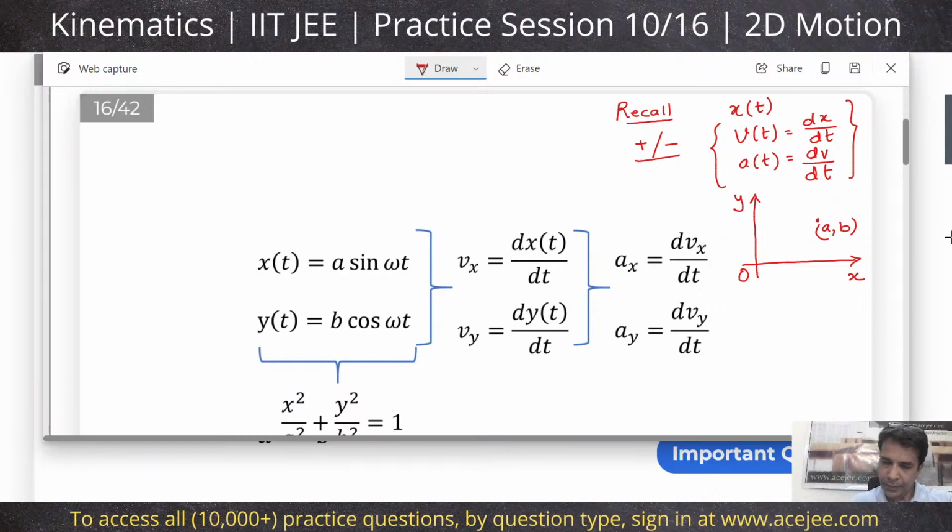And what is the position vector for such a scenario? The position vector of the particle will be, in this case, a i cap plus b j cap. This will be my position vector.